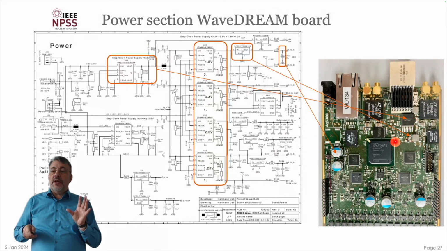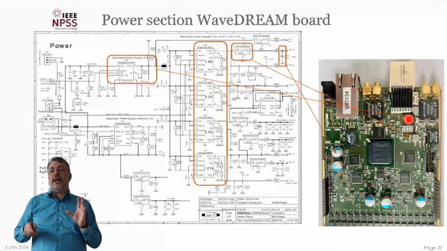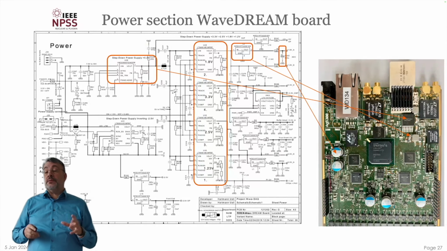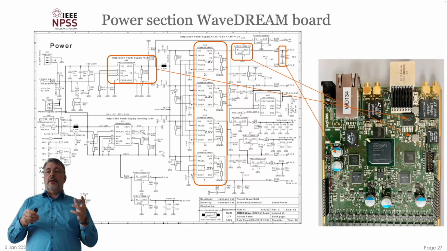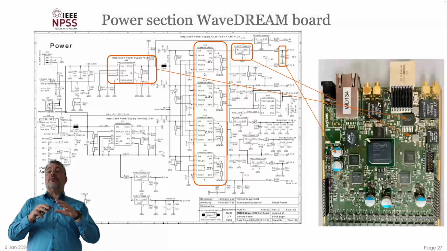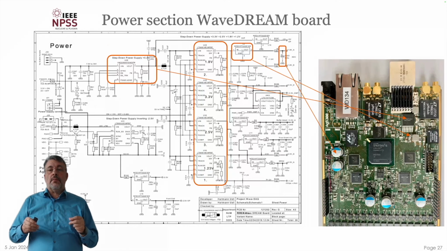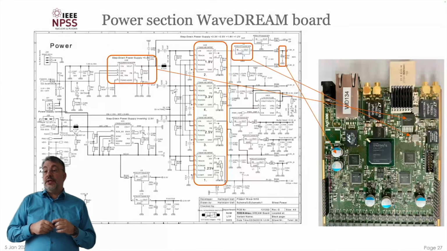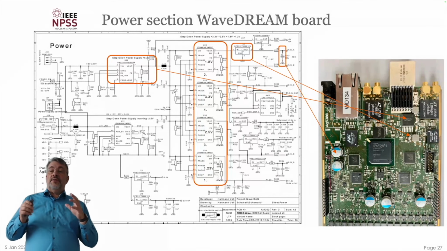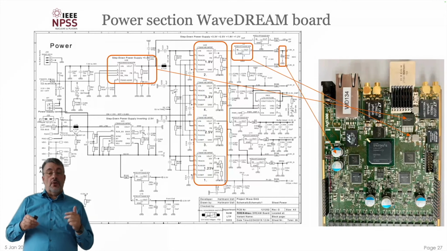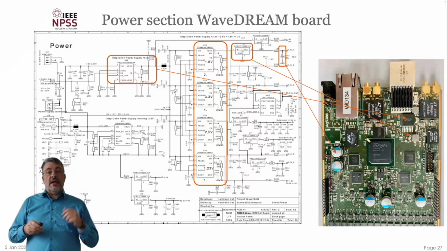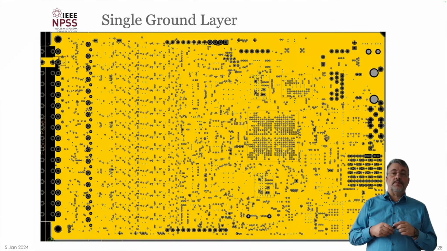And with this filtering, even having a switching power supply on your board, a switching power regulator with this filtering can produce a very nicely filtered low noise power supply, which you then can use for your PLL and your timing on these electronics.